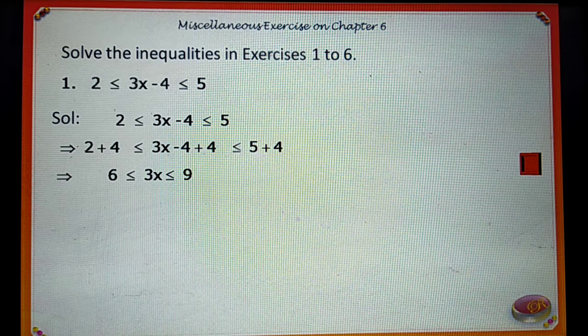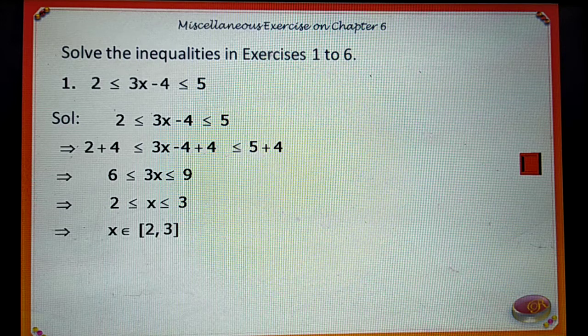Dividing throughout by 3, implies 2 is less than or equal to x is less than or equal to 3. Implies x belongs to closed interval 2 to 3. This is the required solution.